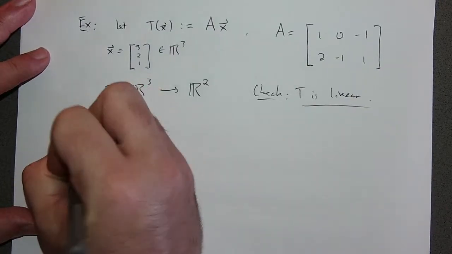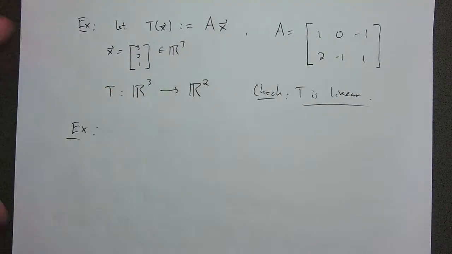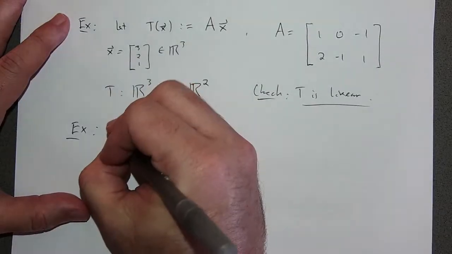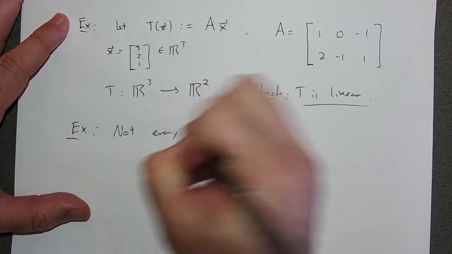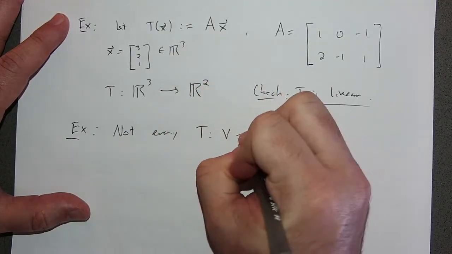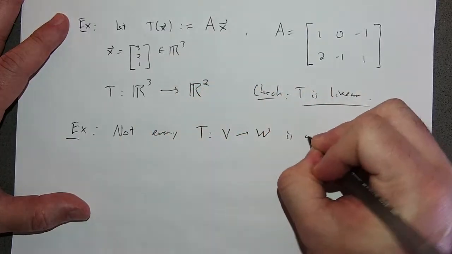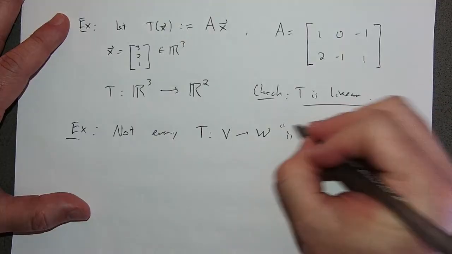Here's another quick example, just to remind you. But not every linear transformation is a matrix. Now, what do we mean by is?